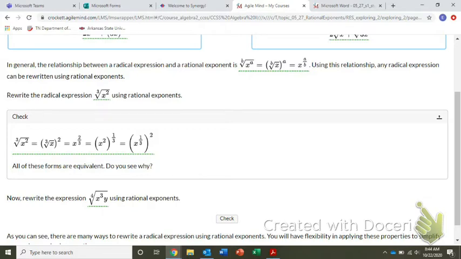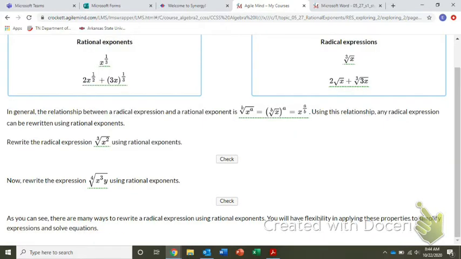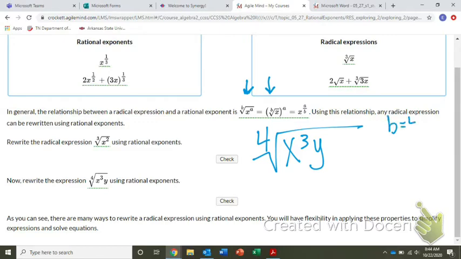The next one is this. Okay, so first, I'm looking right here, and I want to move to this one. Okay, so our B equals 4 and our A equals 3.